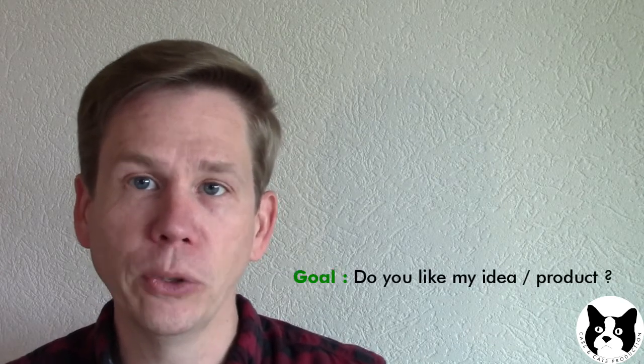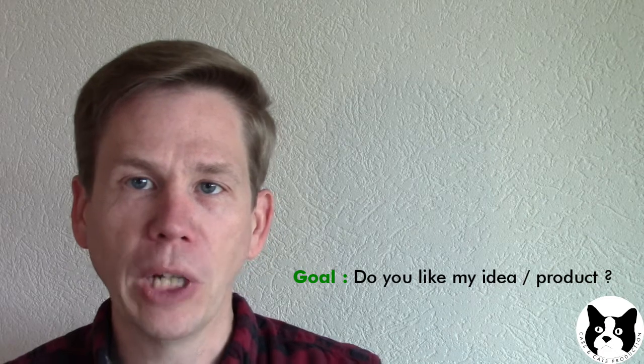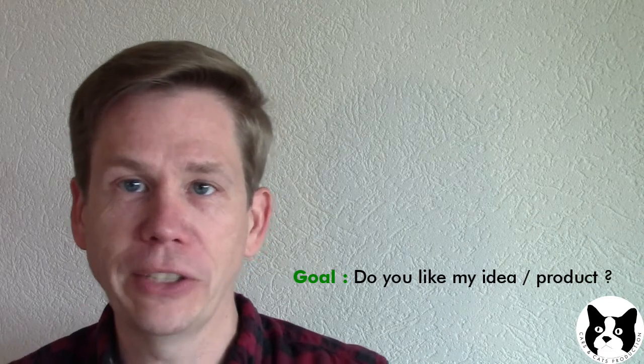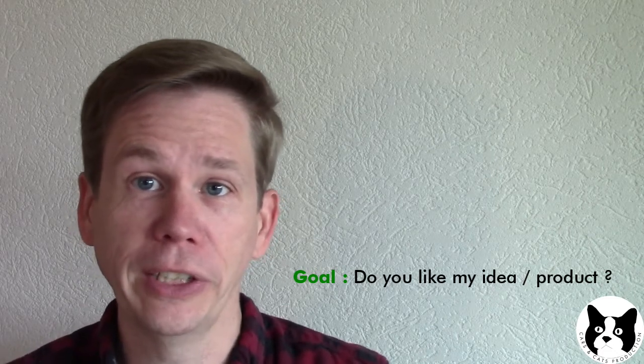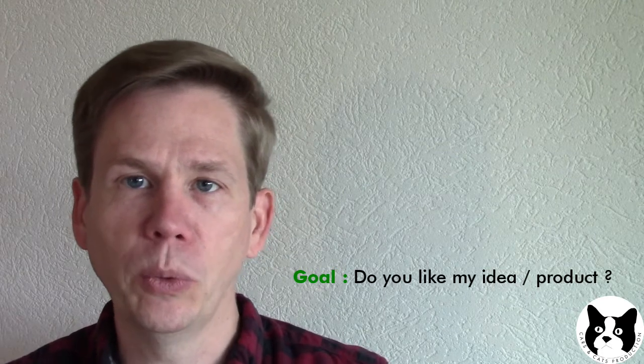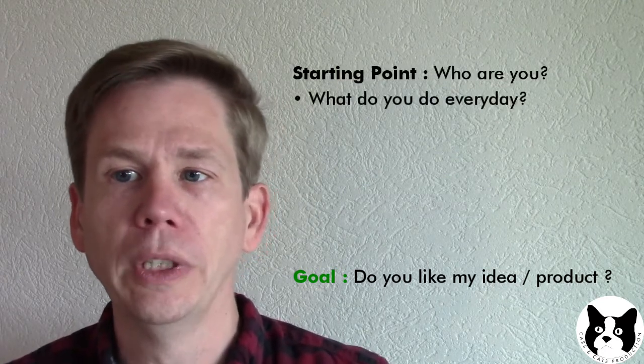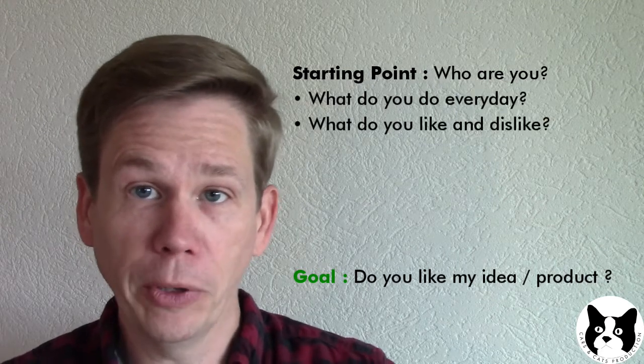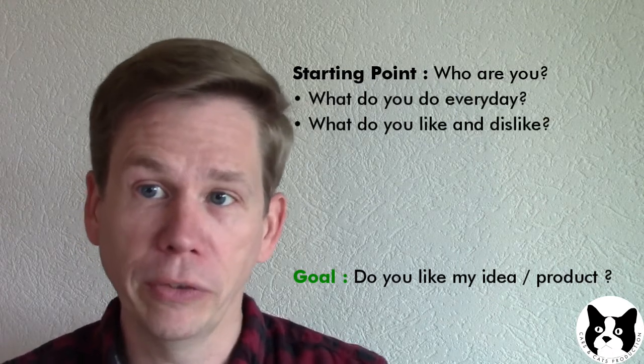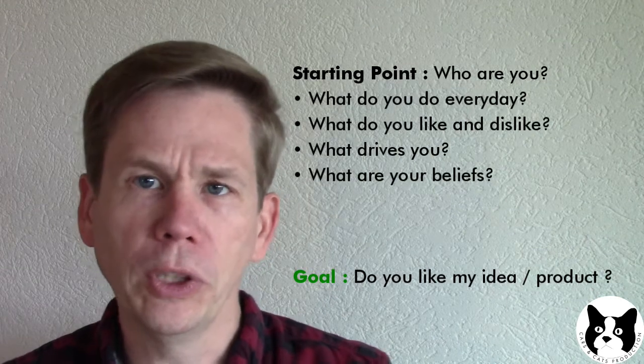So fundamentally what you usually want to get to is, do you like your idea or your product? But if you come out and ask that question, all you'll get is a binary answer, a yes-no answer. So you want to start with really, really high level. Who are you? What do you do? What do you like and dislike? And not about the product, but about their life in general. What drives you? What are your beliefs?